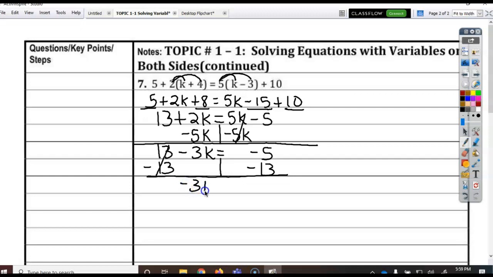Bring down my negative 3k equals, put these together, they have the same sign, so add them, that's 18, and keep the sign. Last step, I'm going to divide by a negative 3. You're dividing by the coefficient of that variable. So I get k equals, negative over negative is a positive, so 3 goes into 18 6 times. That's my answer.